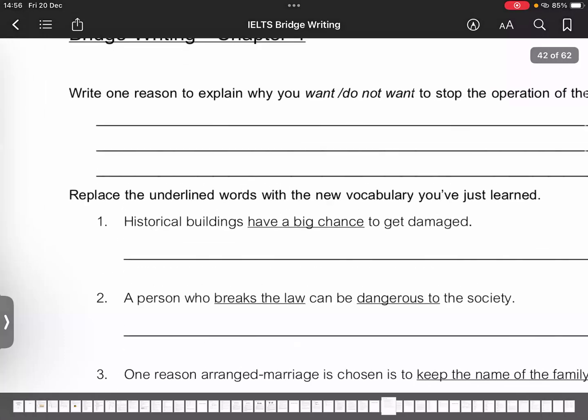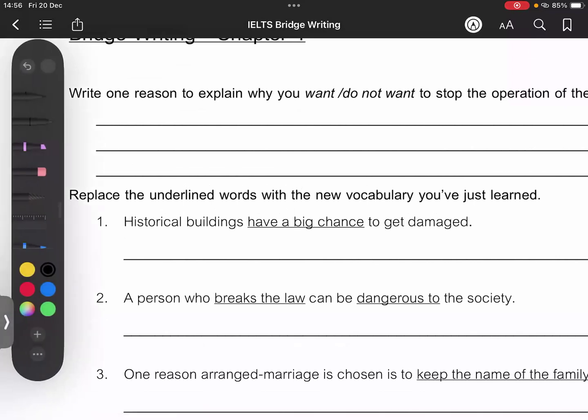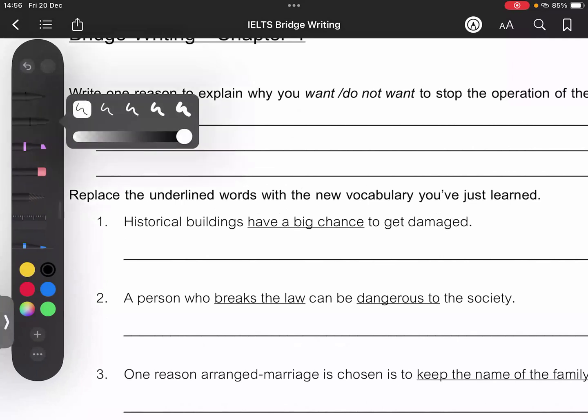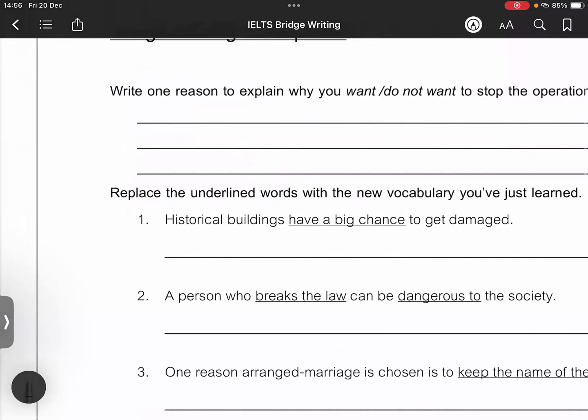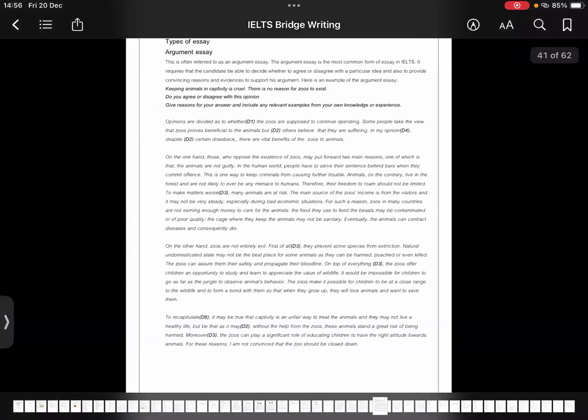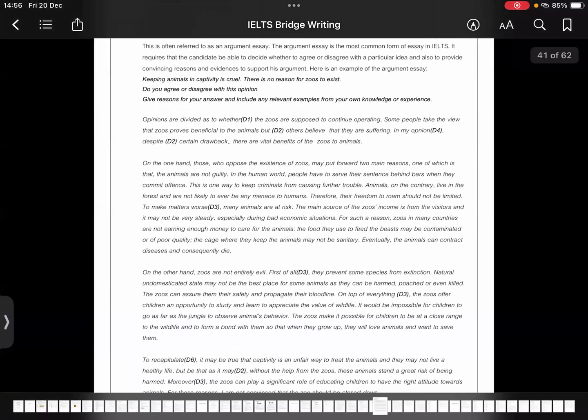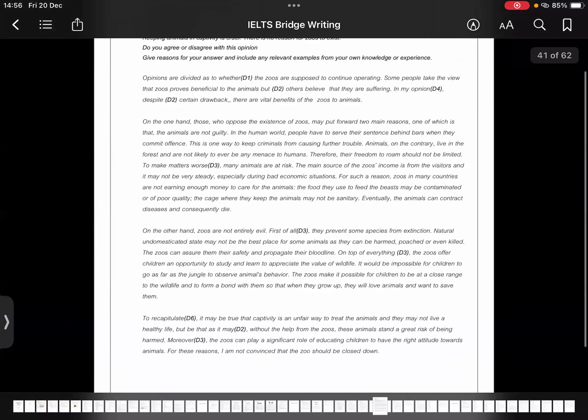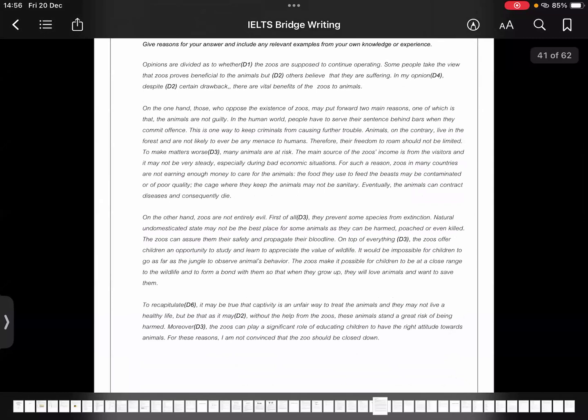Okay, so can you think of any reasons to support your position? All right, how about this. I'm going to just give you more reasons why the zoo should exist. So previously in our argument we said that the zoos can conserve and protect endangered species, right?